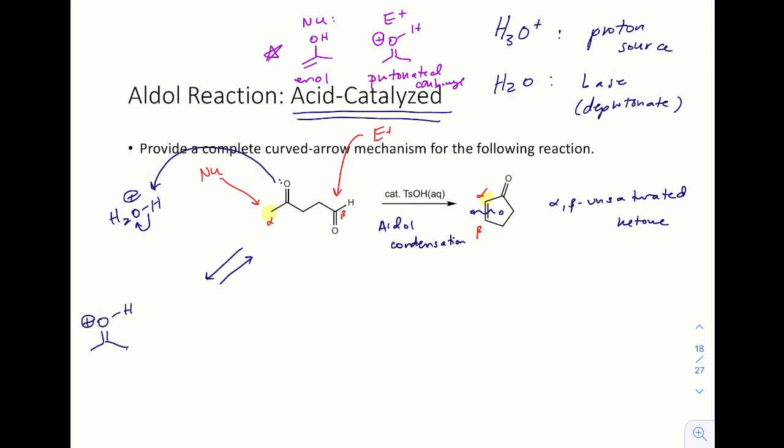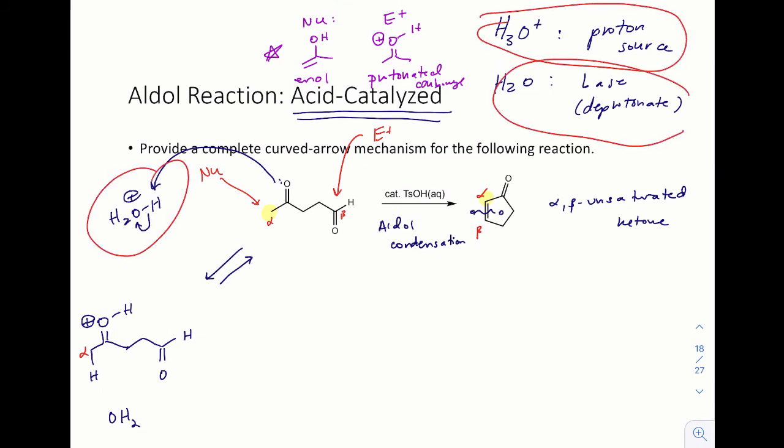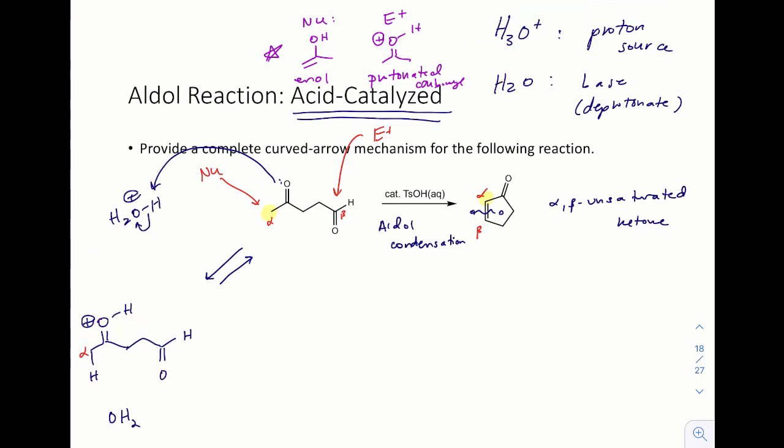Protonate the carbonyl, and then once the carbonyl is protonated, deprotonate the alpha carbon. Remember, hydronium is the proton source, water will be the base. So the second step is a proton transfer. We're going to use water to deprotonate the alpha carbon, and we're going to generate the enol. I'm going to draw the curved arrows directly to the enol.